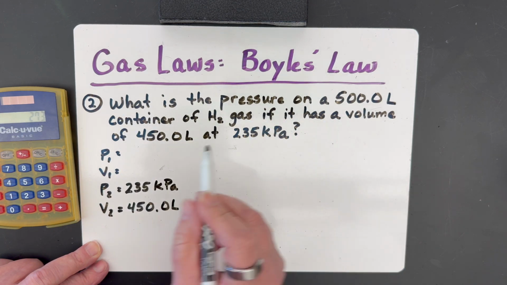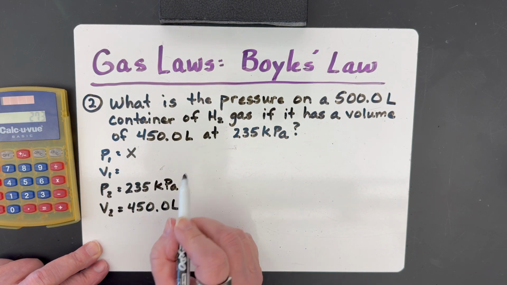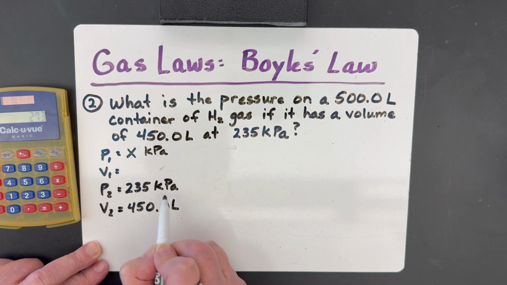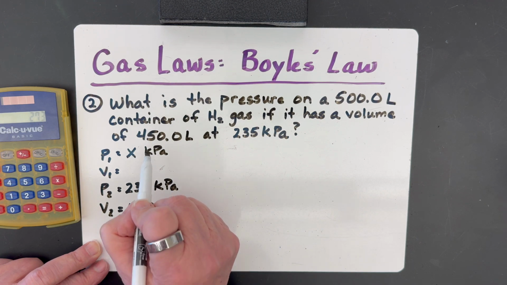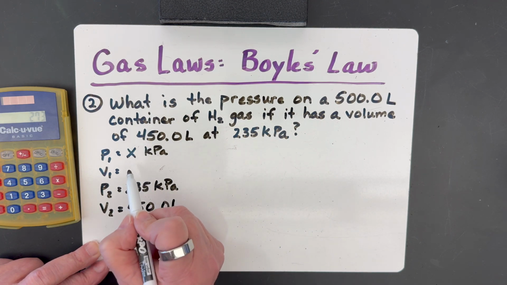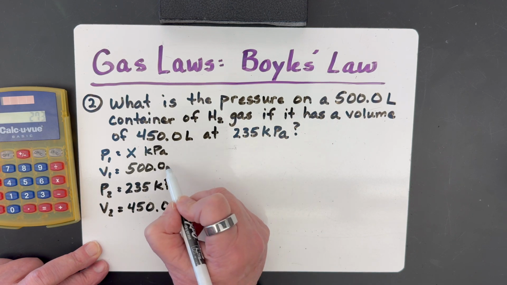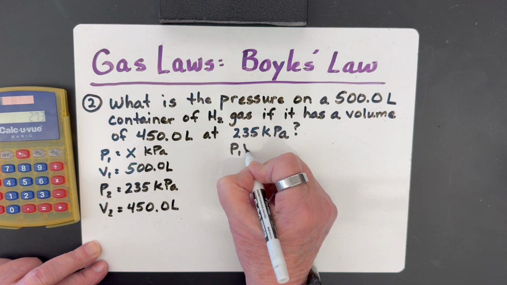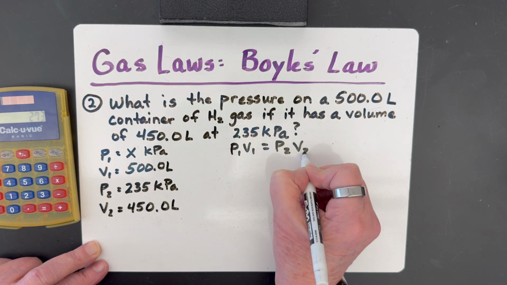We're asked for the pressure, so this is our x. Its units are going to be kPa because the other pressure units are that. And its volume at this unknown pressure is 500 liters. So remember, P1V1 equals P2V2.